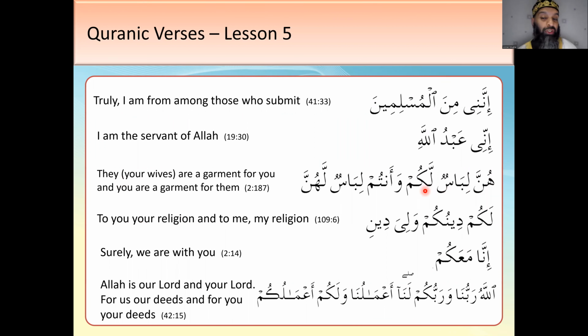What's lakum? We've done lakum today. La means for, literally, just like outside of the Quran. Lakum means for you. It's here actually in the translation. So they all, i.e. the women, libasun lakum, are a garment for you all. For you all, masculine, yeah? For you all.